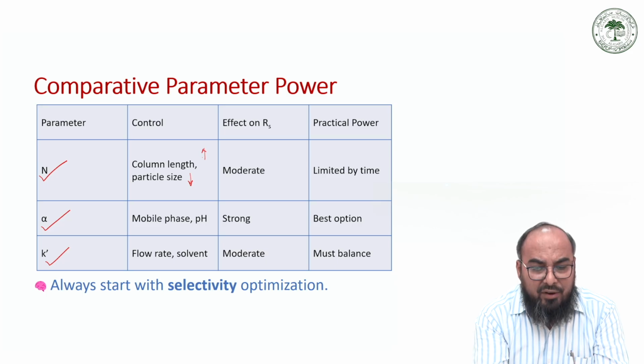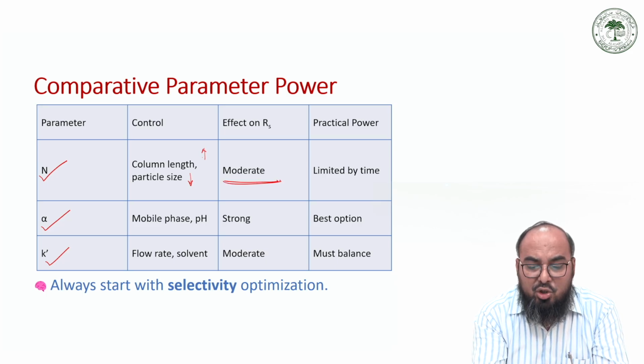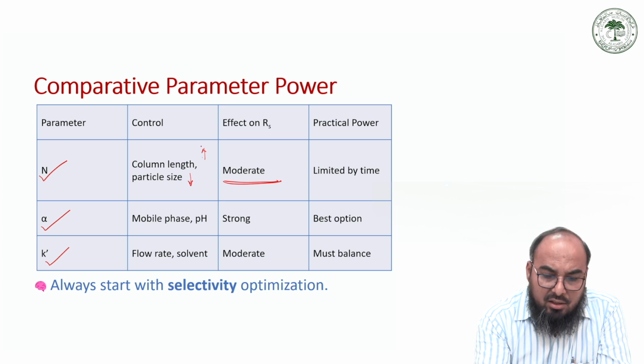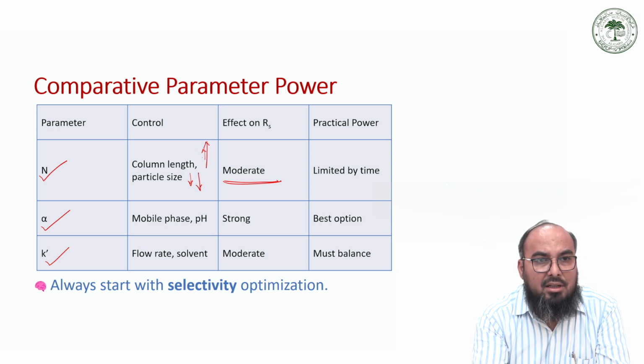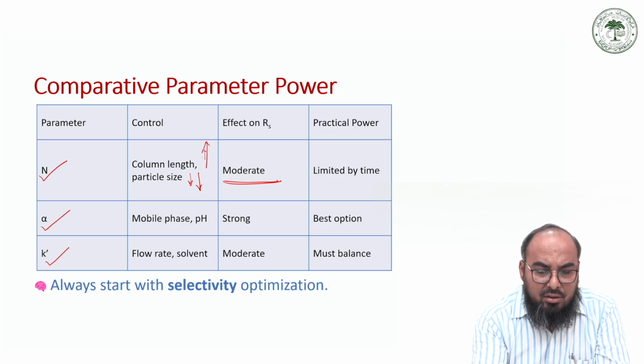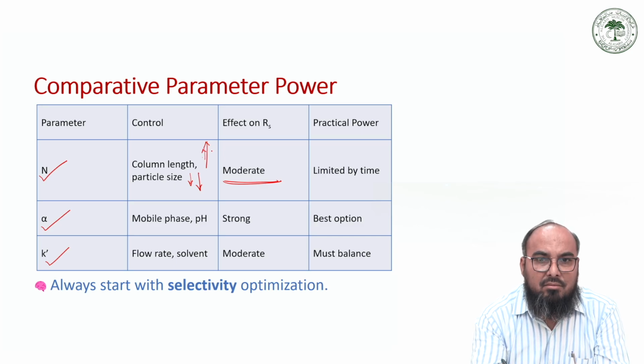What is the effect on the resolution? The effect is moderate, not too high. The moment you decrease the particle size you have effective column packing, and as you increase the column length you are increasing the number of theoretical plates, but the effect is moderate.